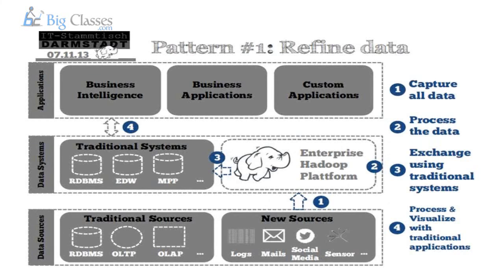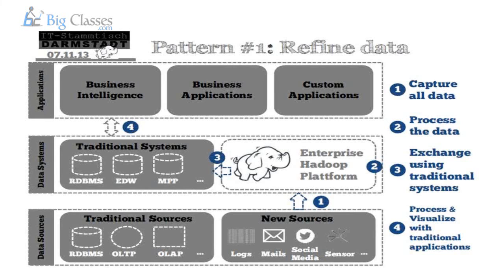Whatever data is required, I have the ability to convert my unstructured data into the structured form, and only that piece of information will be passed on to the traditional systems. But I cannot transfer my unstructured data into the structured format as a whole. That is not possible.